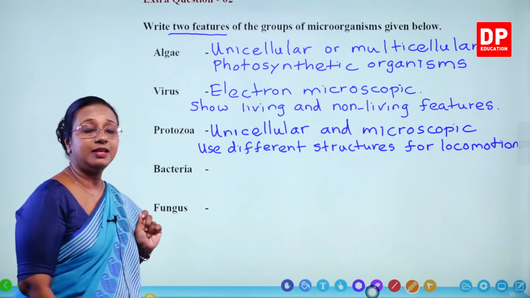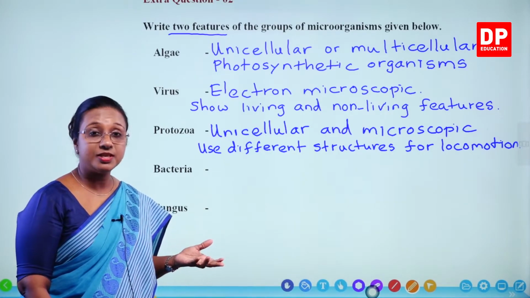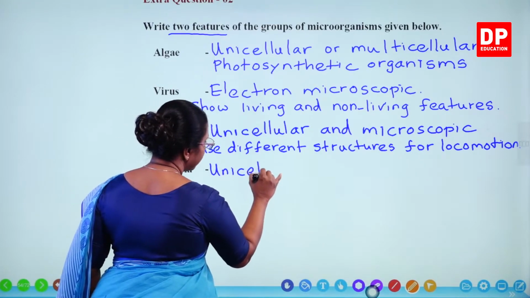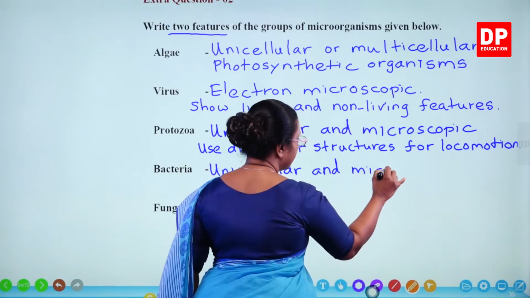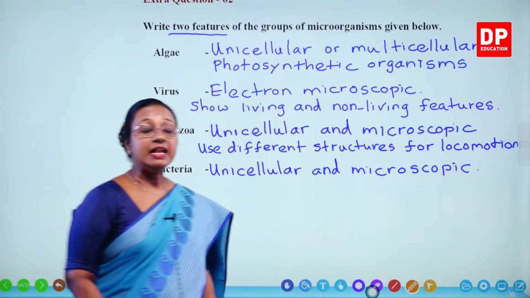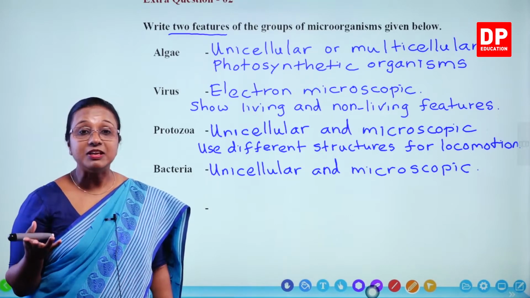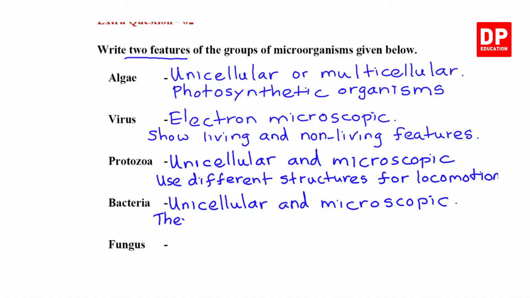Then if we take bacteria, what are the properties? Again, they are unicellular and microscopic. They have different shaped cells.